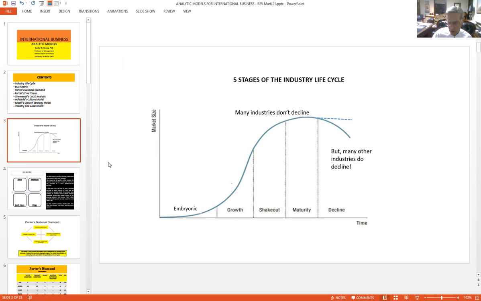But industries do evolve, and with technology or market shifts, they may decline and even go away. Other industries don't decline, they just remain at maturity. An example would be laundry detergent or soap, something like that, clothing.